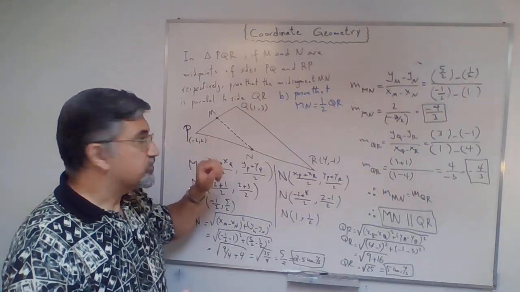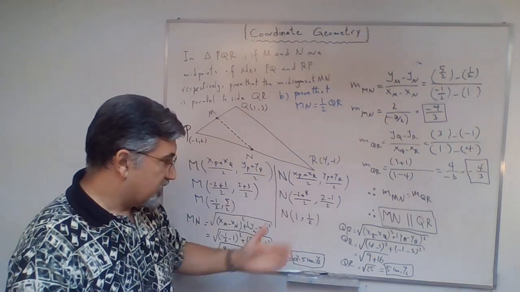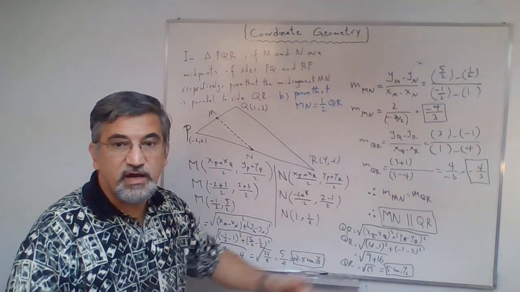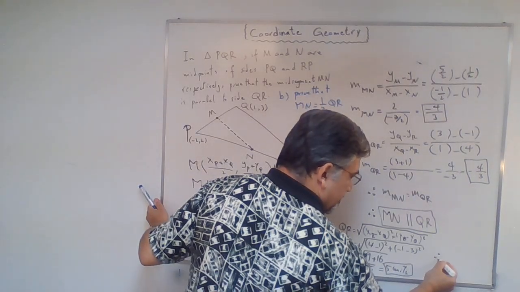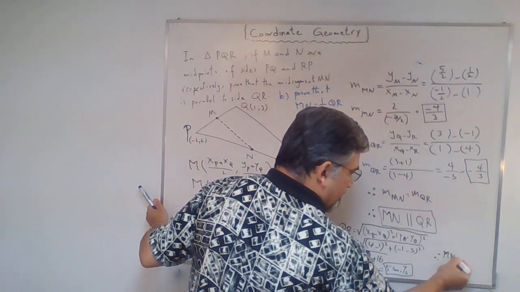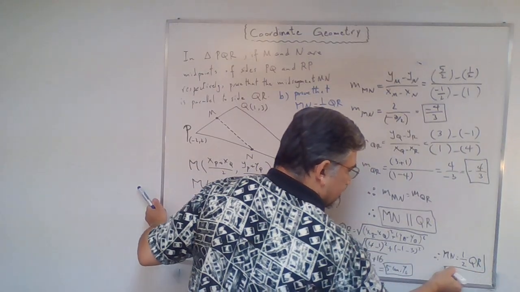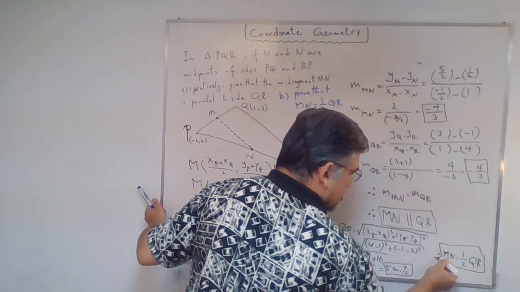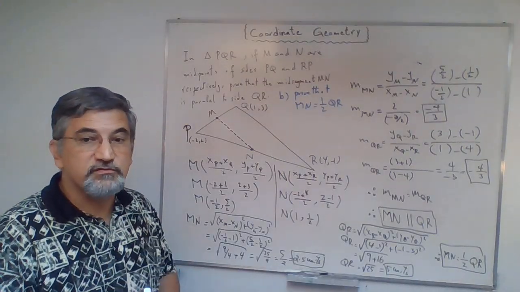And the other property is that the length of the mid segment is 1/2 of the third side. As you see, 2.5 is 1/2 of 5 units. So we're going to write here, therefore, MN equals 1/2 of QR. So this is the second important property of mid segments in any kind of triangle.